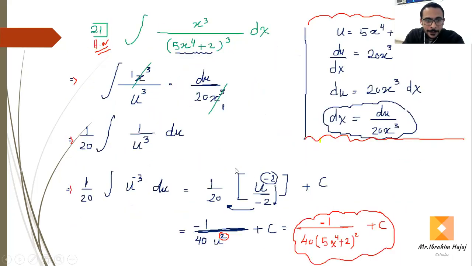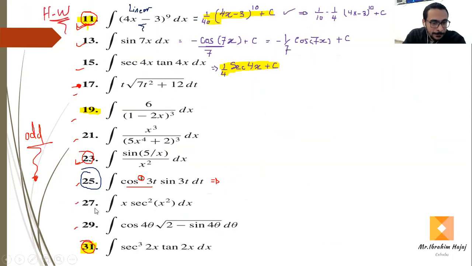Yes, it's here. Question number, which one? 27. Now let's take 29.